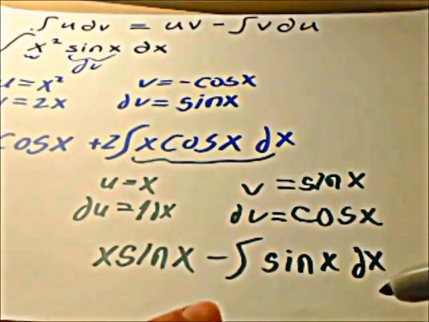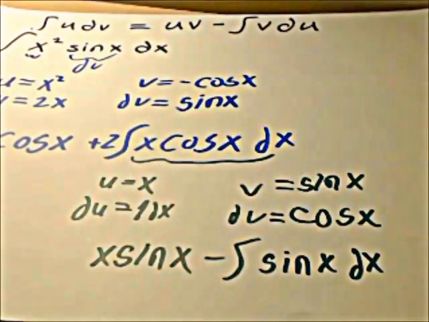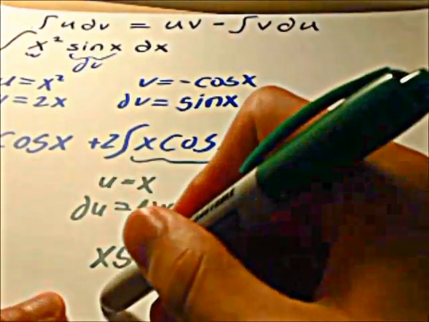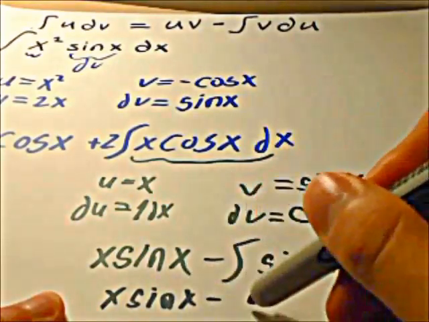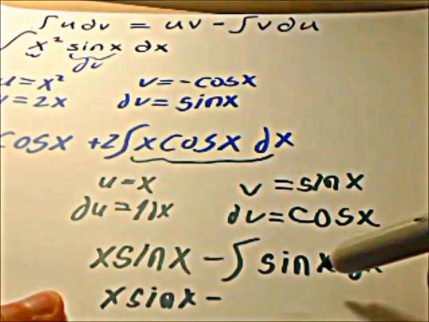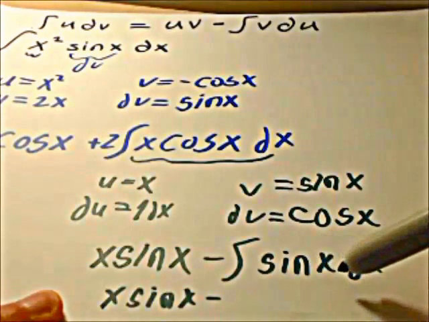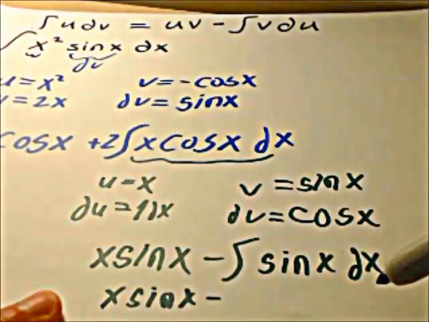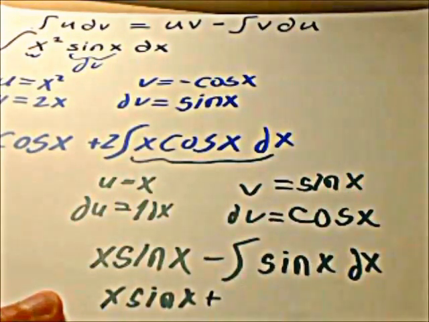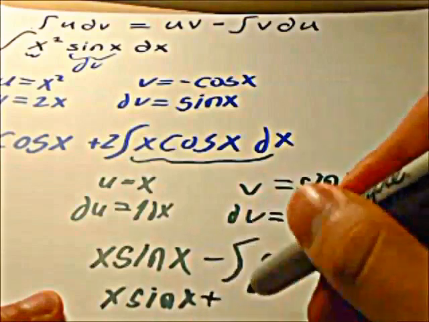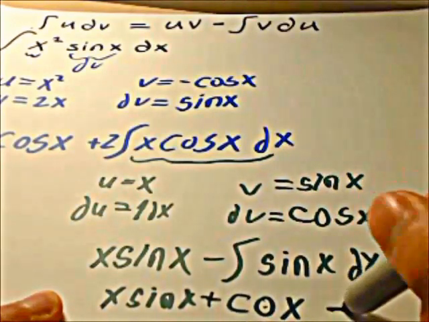Now, that's actually easy because we only have sine x, so we can integrate that, definitely. So minus, if we integrate that, we're going to get minus cosine x, but I'm going to put the minus out and make this positive as we did last time, so we end up with plus cosine x plus c.